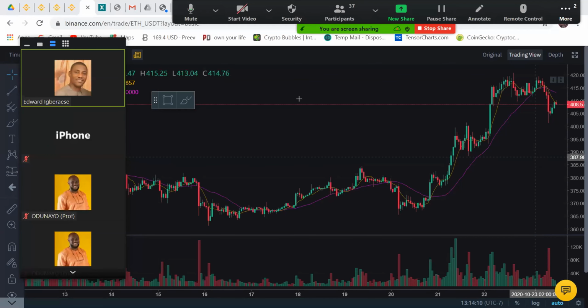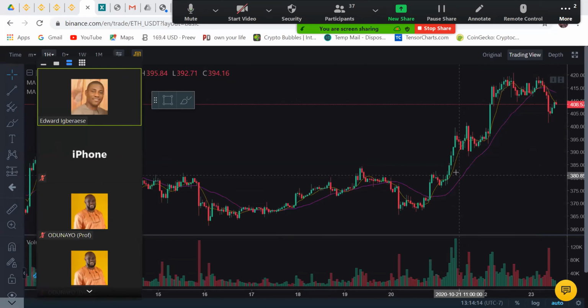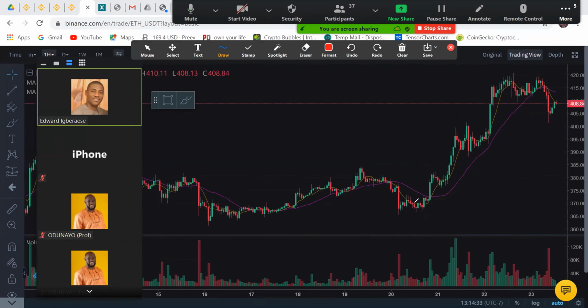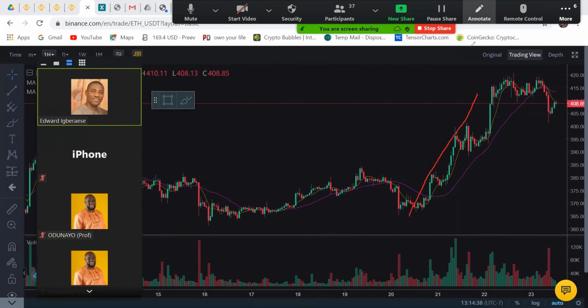Now look at this. This is the chart for Ethereum. Is that correct? Yes, for Ethereum. Now, two reasons why we are using futures over spot. Reason number one is that with futures, you can actually make profits, which you cannot enjoy with spot.